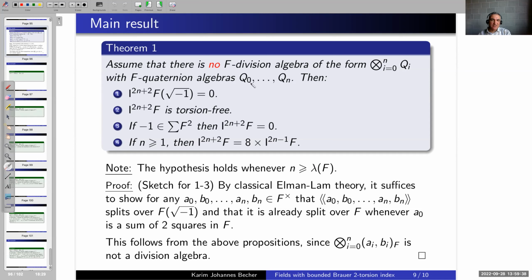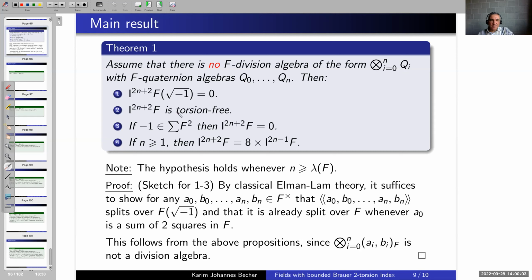The assumption for n equals 1 says exactly what the field is linked. If every tensor product of a Q0 and a Q1 is equivalent to a single Q1 prime, then we have a linked field.